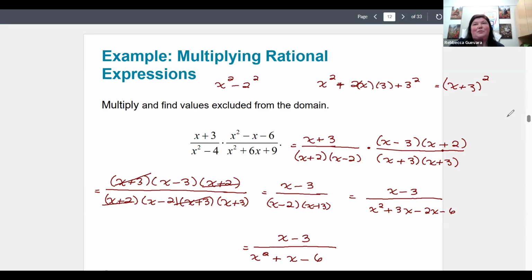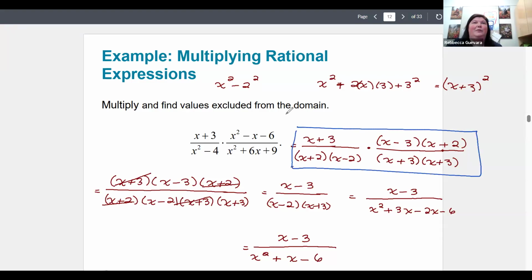Okay, so let me get back to domain. So when we're here, this is where we want to find domain. Sorry, it's getting a little funky here.